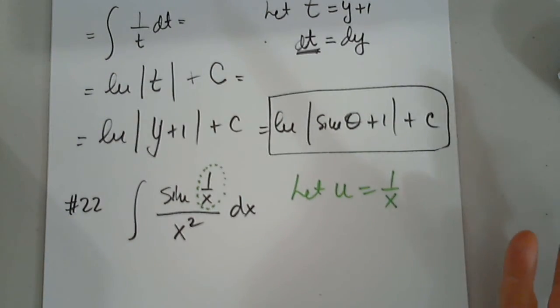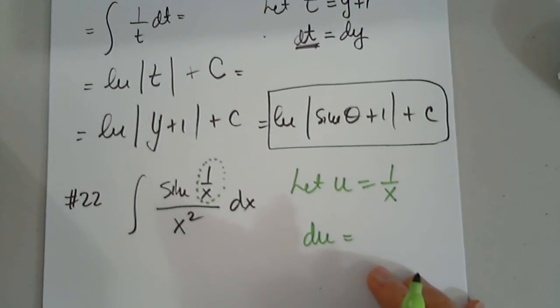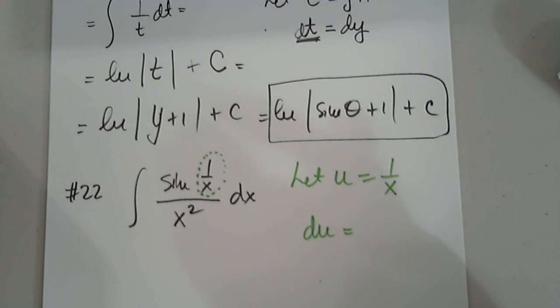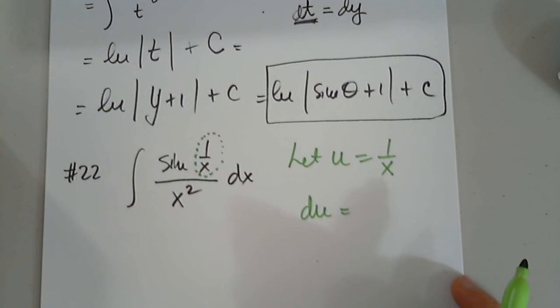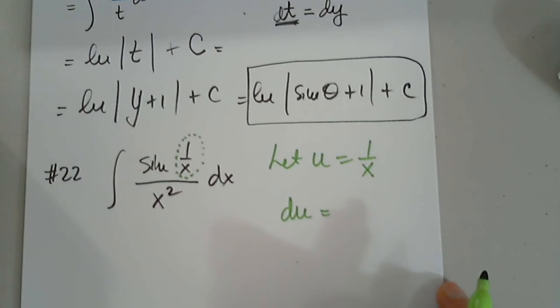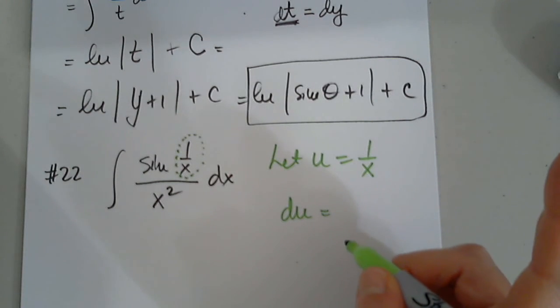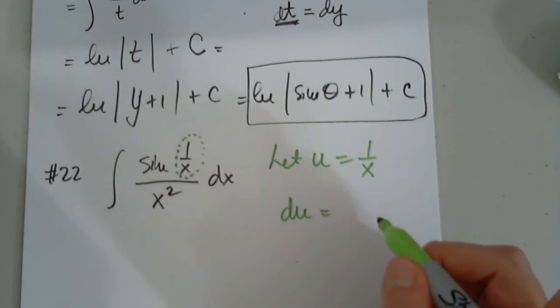Now, the important part is to be able to find du. And if du is in the problem, I'm fine. If I need to make minor adjustments number-wise, that's okay too. So can anyone give us du? I'm not asking for the derivative, I'm asking for the differential of u. Anyone, please? Careful.